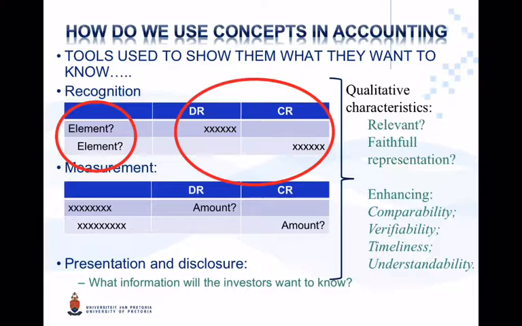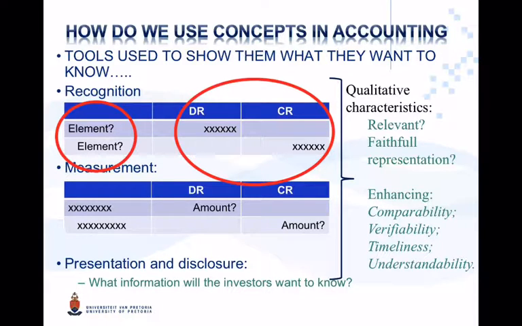Your qualitative characteristics. Fair value, current cost, historical cost, what would you go with? Well, what's going to give you relevant information? What's going to faithfully represent the item you're reporting on? All those enhancing characteristics, how will you achieve those? You need to use that to inform your decision because you are trying to give, remember, useful information to specific users.